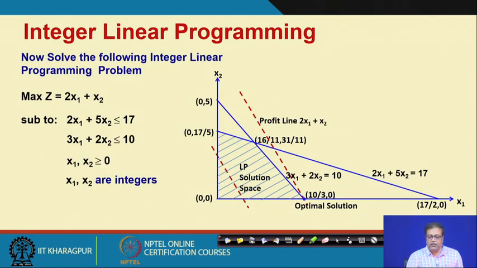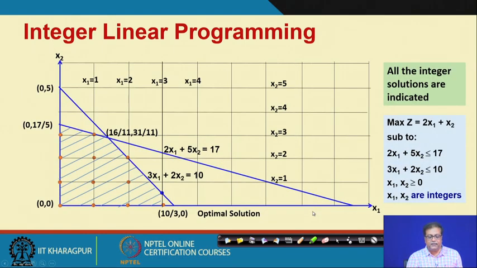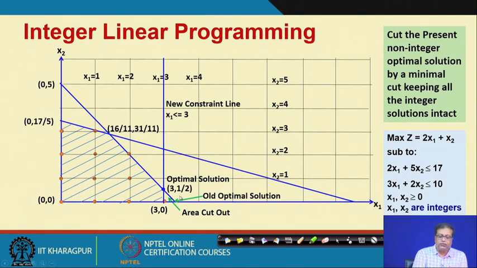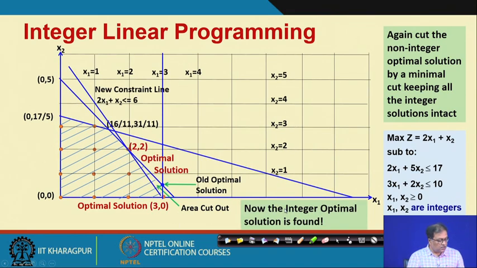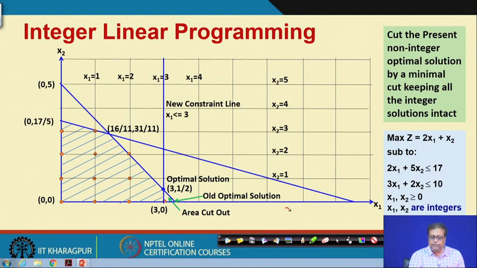In our previous slide, our optimal solution was 10 by 3 and 0, so 20 by 3 was our optimal value, and now our optimal value is 6 and a half, that is 13 by 2. So, it has come down from 20 by 3 to 6.5. 20 by 3 is above 6.5.